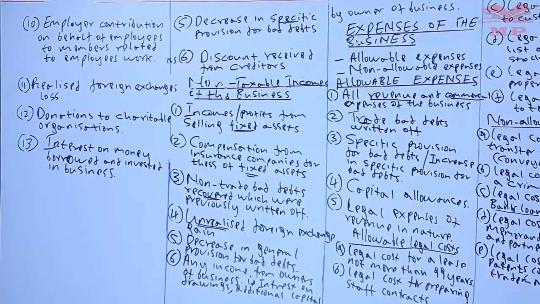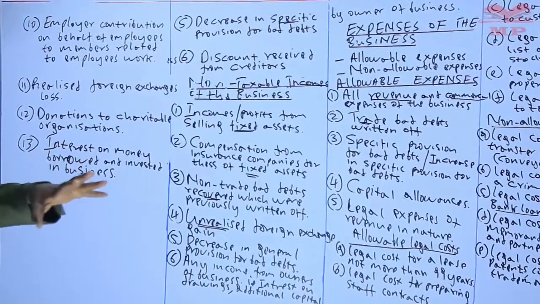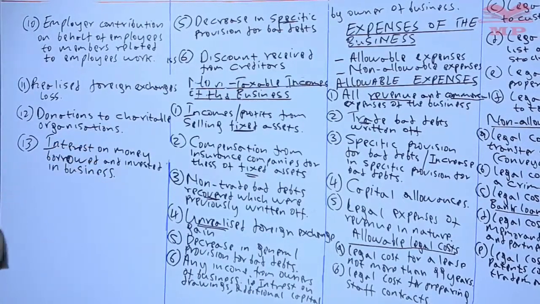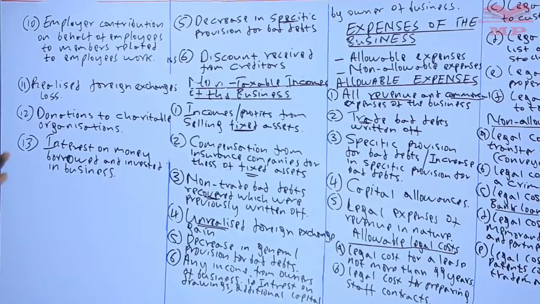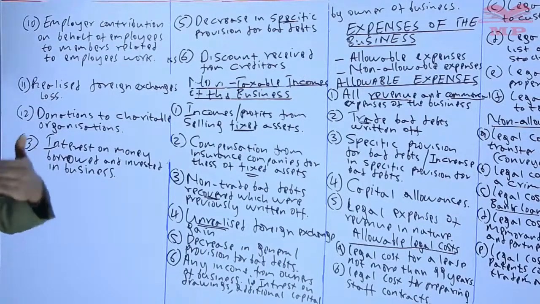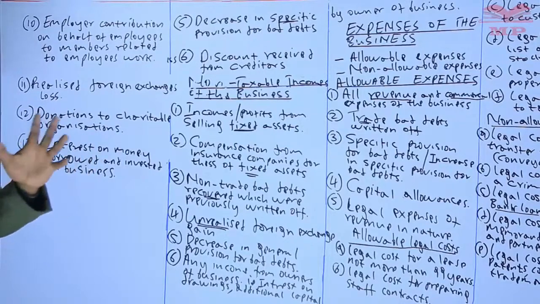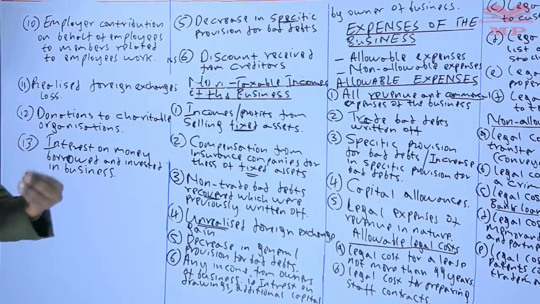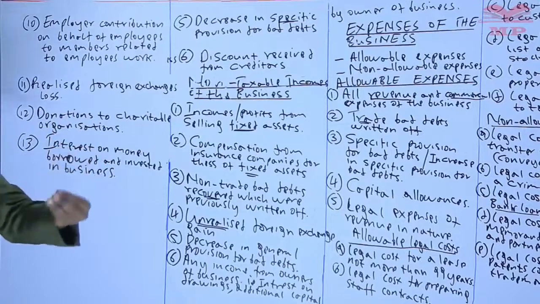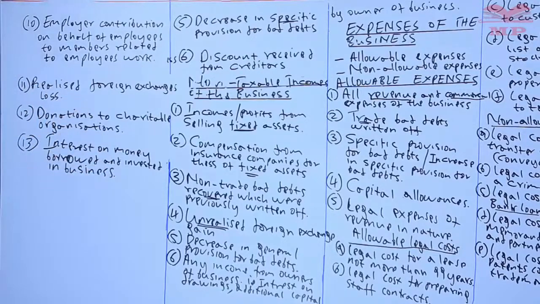That if a business takes a loan from a bank and that money is invested in your business, the interest you pay every year, every period, that's supposed to be an allowable expense in that particular year. And we saw that there's another form of loan, usually taken by the limited companies, debentures. When a company issues debentures, or bonds, these are forms of loans. So when they pay interest, those interests are supposed to be allowable expenses.